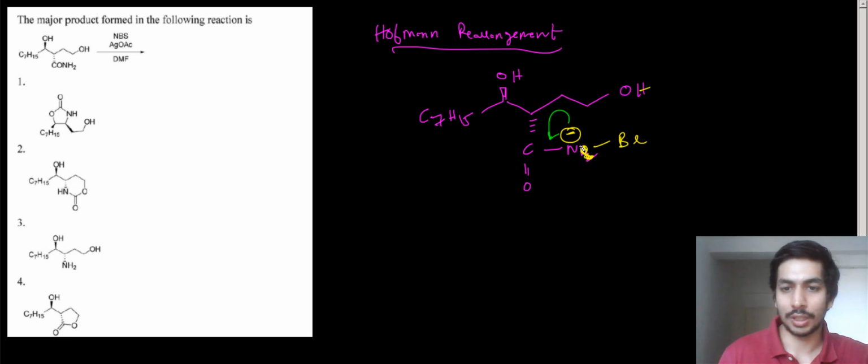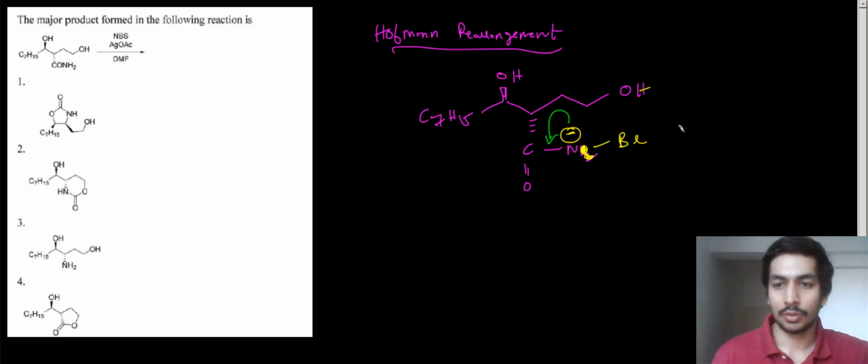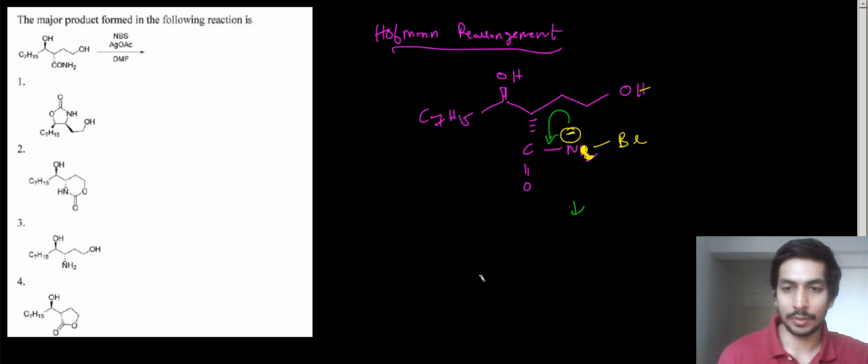I'll show it to you again so that there's no confusion. Either you can show the formation of nitrene, like I said, this bond cleaves and nitrene is formed, or you can show this N minus migrates over here, forms O minus, migrates back, and then this whole group migrates to this nitrogen and bromine leaves, right? So this is nothing but your Hofmann rearrangement. So let us draw the product over here.